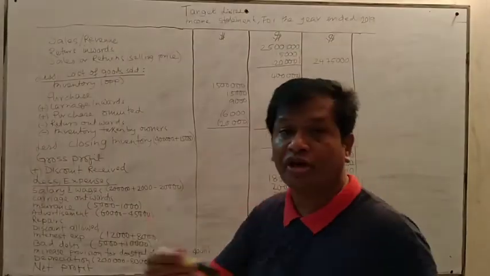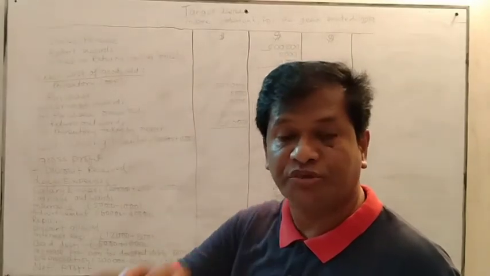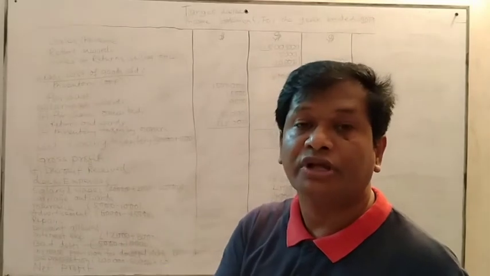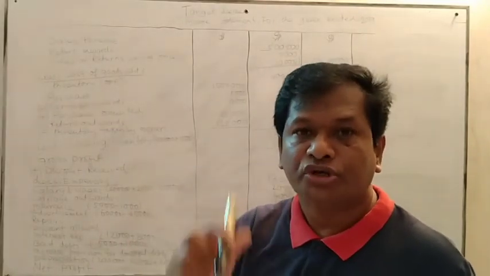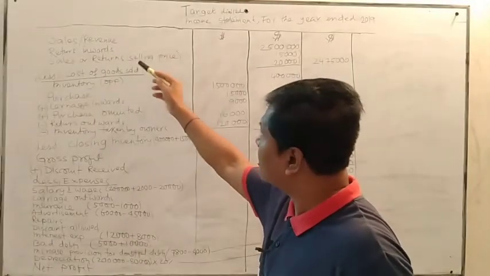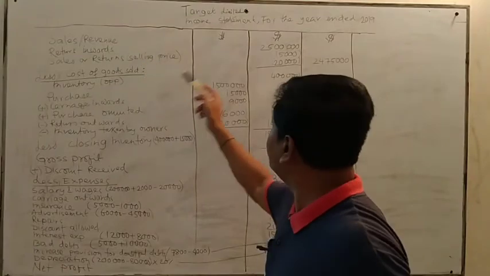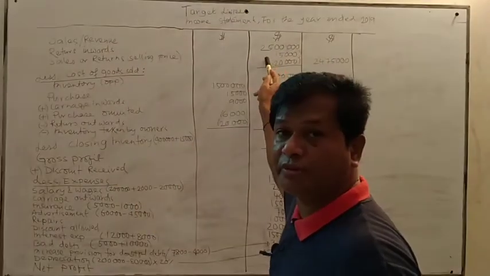Then you have to find some other items, maybe sales on return basis, that is to be subtracted, and again the item returns inward. Returns inward is to be subtracted from the sales account. Here the figure is the returns inward figure, check it in the trial balance. It is 5,000, that is to be subtracted.